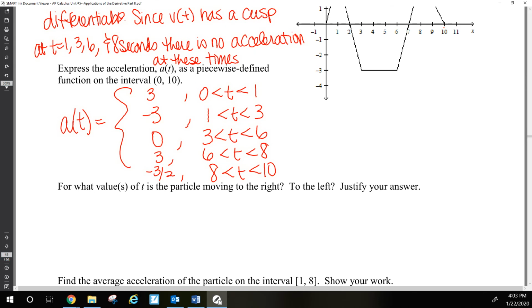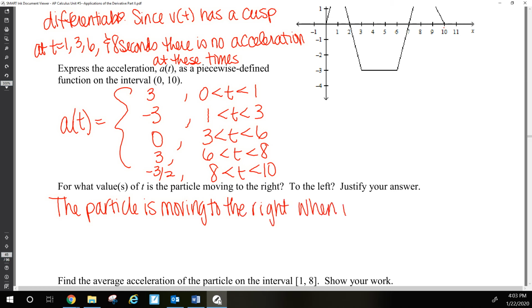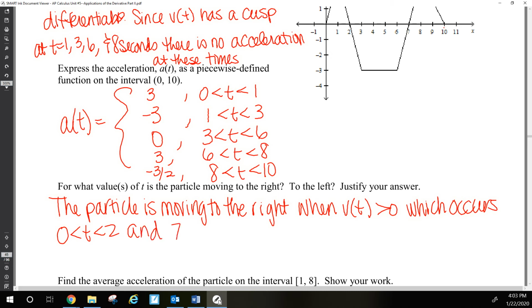So the particle is moving to the right when velocity is greater than 0, which occurs between 0 and 2 and 7 and 10.